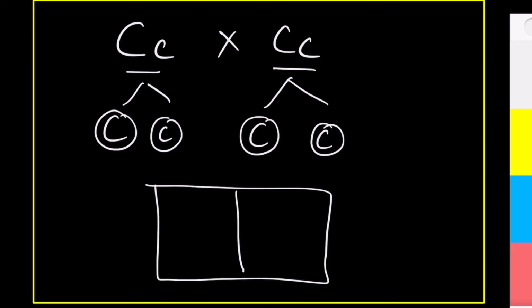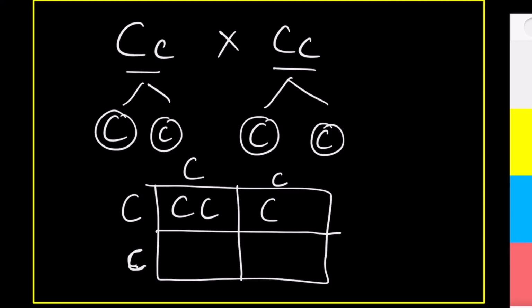Now if you solve this by Punnett square, this is capital C, small c, then capital C and small c. Now if you solve this: capital C, capital C; capital C, small c; capital C, small c; small c, small c.